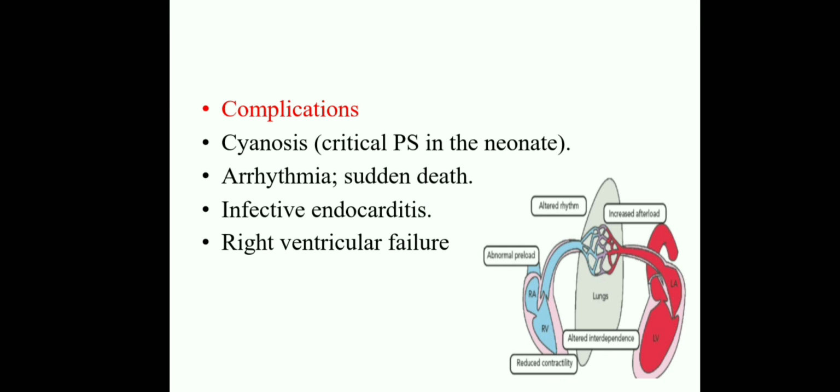But we are discussing acyanotic conditions. Why is cyanosis there? In critical pulmonary stenosis in neonates, because of the narrowing, the blood backs up, moves to the right ventricle and right atrium, and then it may cross the foramen ovale.